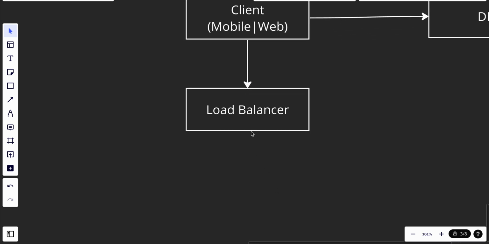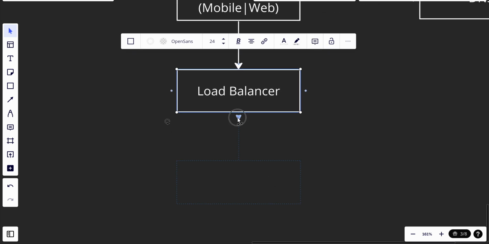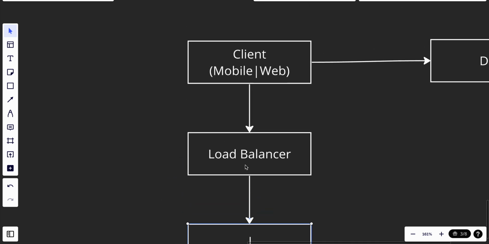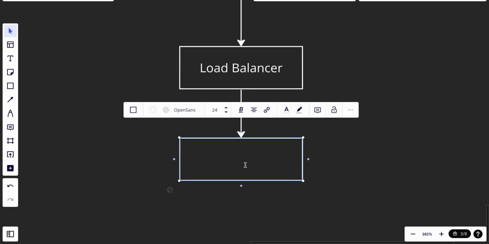And the load balancer will distribute all of the incoming requests that are coming from the clients to the web servers.